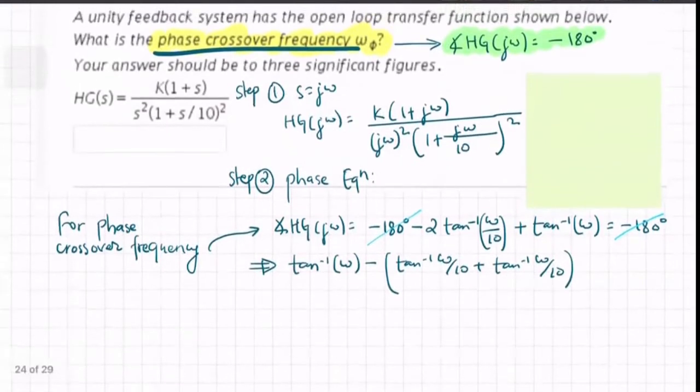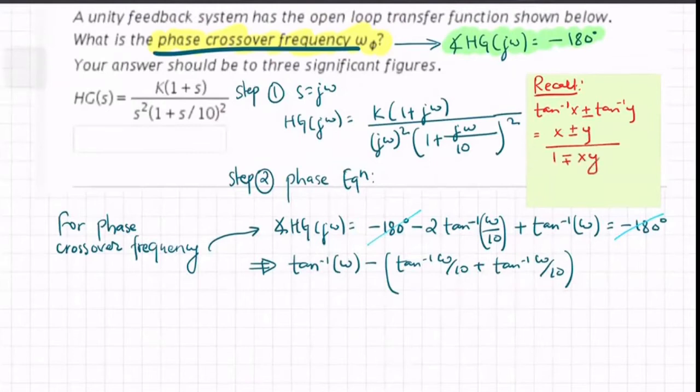We need to recall the formula for tan inverse x plus or minus tan inverse y, which equals tan inverse of (x plus or minus y) over (1 minus or plus xy). In this case, we have the positive sign, so I'm going to use the x plus y over 1 minus xy formula.